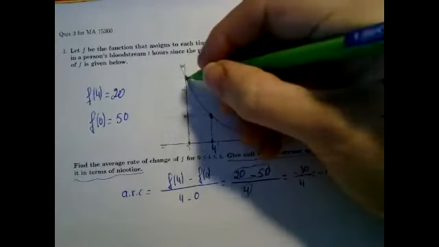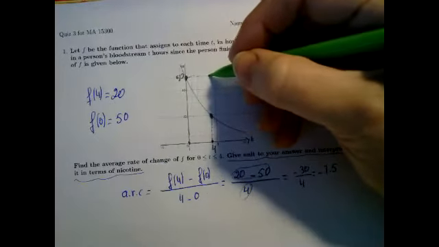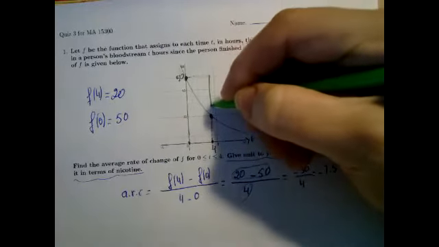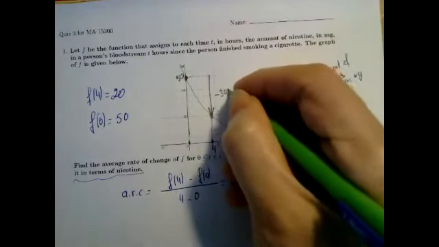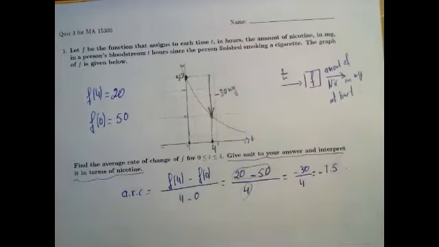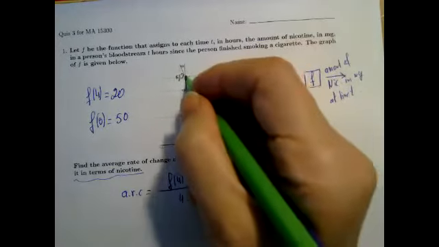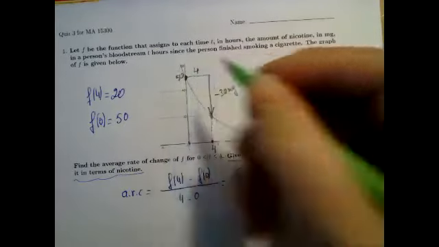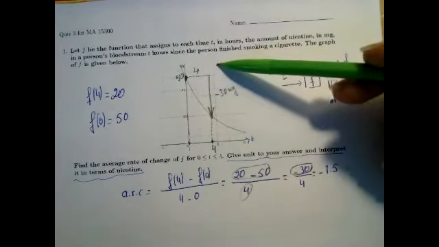So how much did it decrease by? That's how we understand the average rate. It was at 50. It decreased all the way down to 20. So it decreased by minus 30 milligrams. That's by how much it decreased. That's this piece. But it took 4 hours to do that. So it decreased by minus 30 over a 4 hour period.